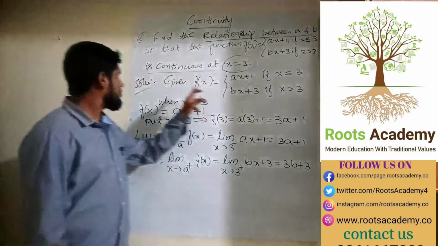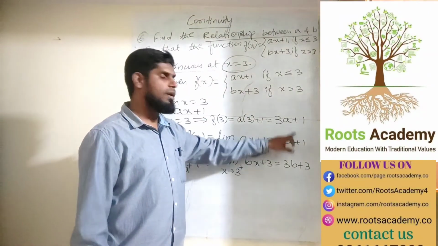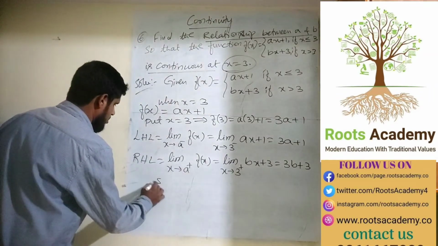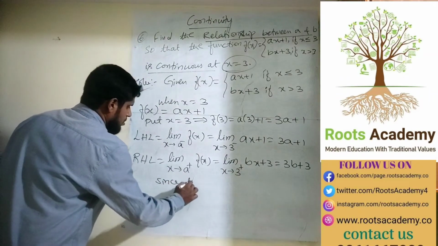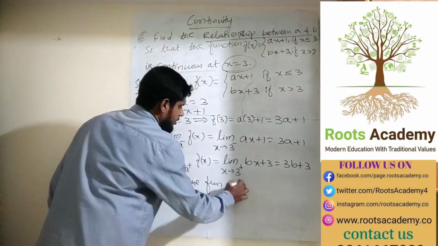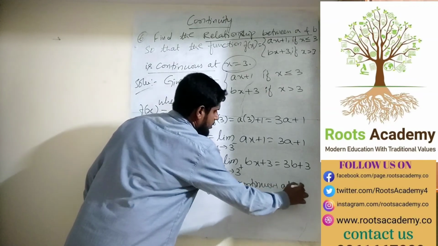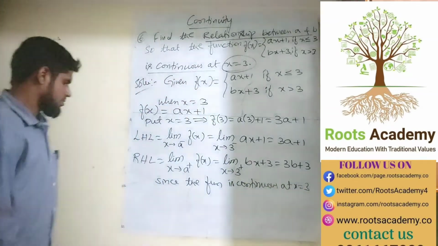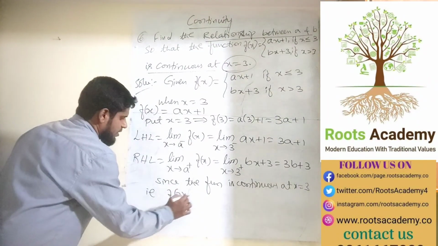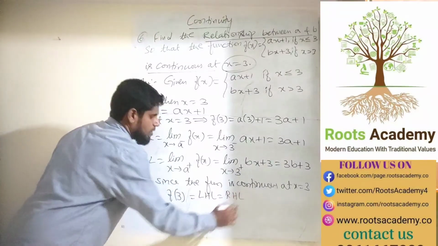But still, since he himself declared that it is continuous, let us take all three as equal. Since the function is continuous at x equals 3, that is f of 3 equals left hand limit equals right hand limit.